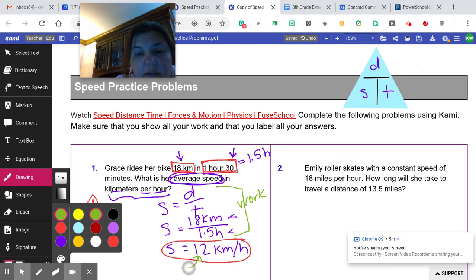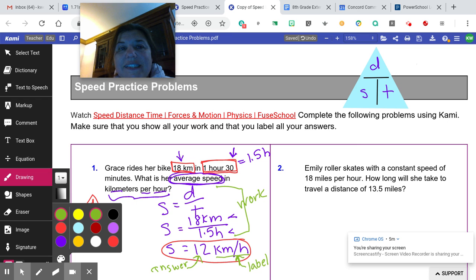So here is the answer. And 3, you need to have a label. You must have a label. Numbers are pointless without the label. Okay, so in order to get full credit on this assignment, you need all 3 of those things.